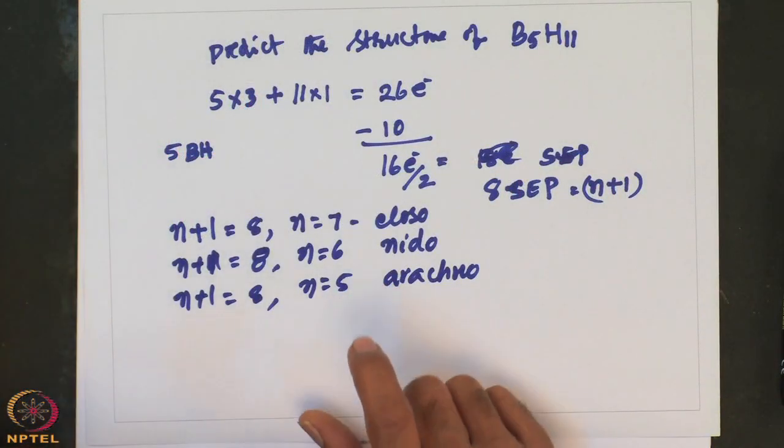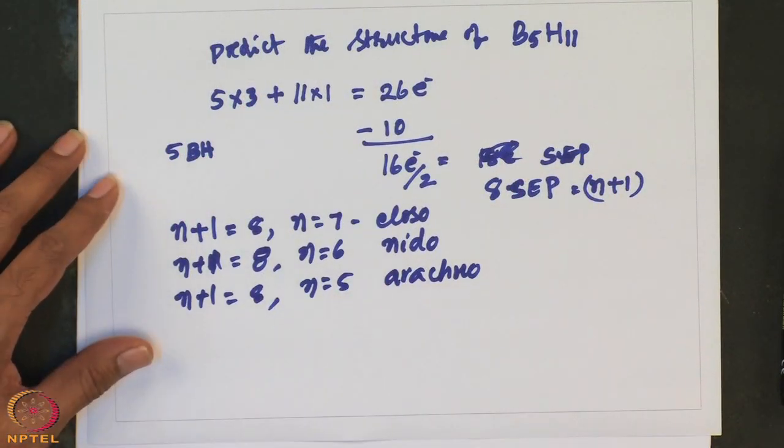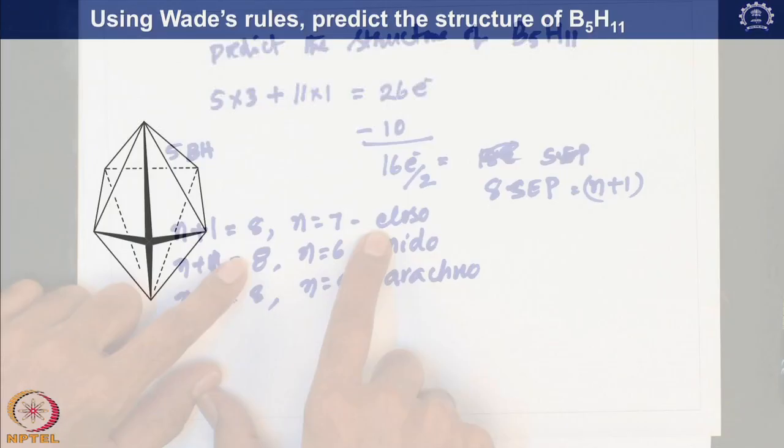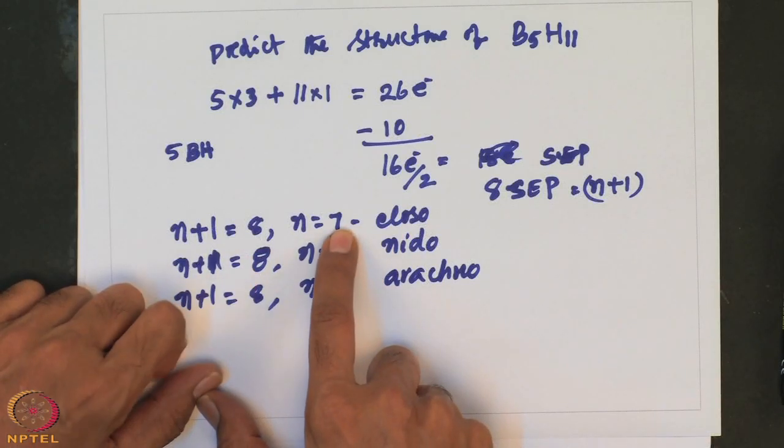From pentagonal bipyramidal, what we should do is take out 2 vertices. Let me show you how we can arrive at the structure. See, now we are taking a pentagonal bipyramidal here, because the closo for that one has 7 vertices.